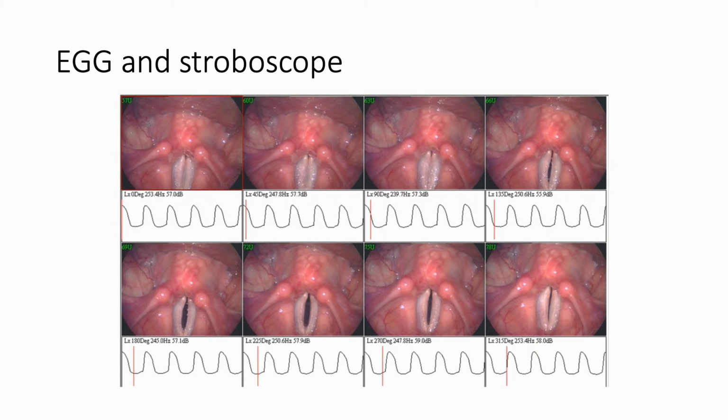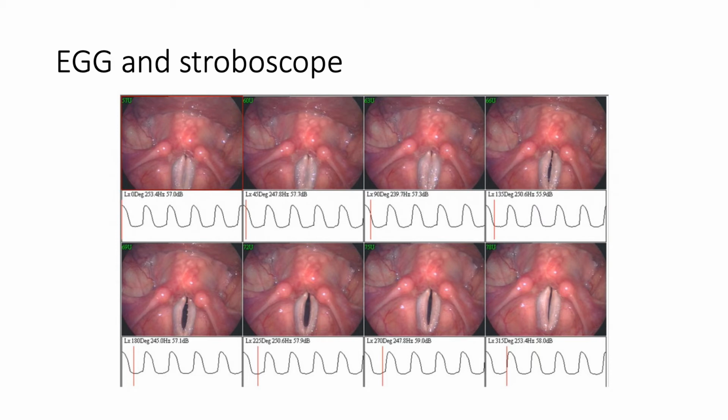And you will see that the EGG signal looks like a wave. The high point tells you that the vocal folds are fully touching, and the low level tells you that the vocal folds are apart.